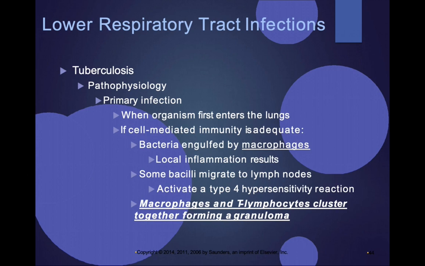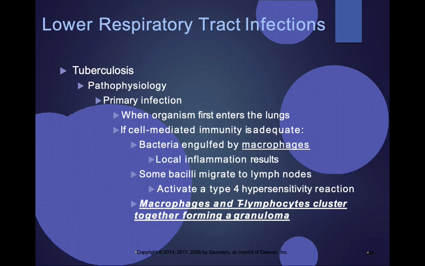Let's look at the primary infection. When the organism first enters the lung, if the cell-mediated immunity is adequate, then the bacteria is engulfed by the macrophages, and you just get this local inflammation that results. And some bacilli can migrate to the lymph nodes, and that creates that type 4 hypersensitivity reaction.